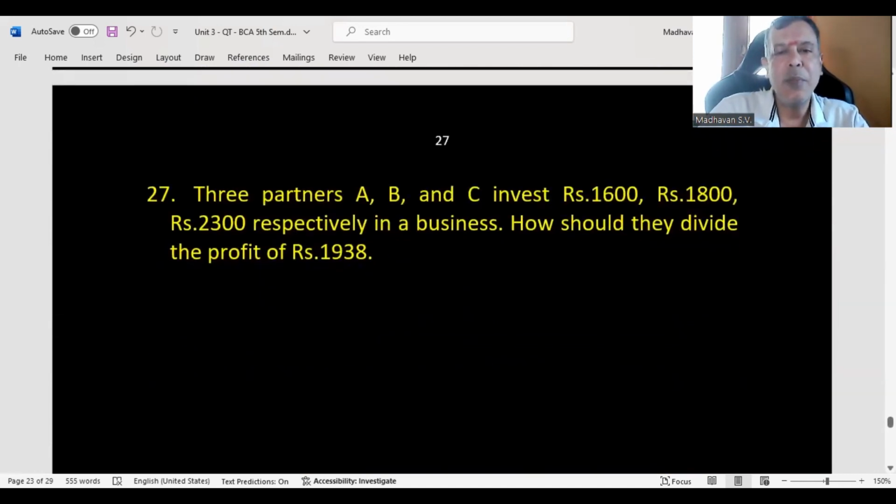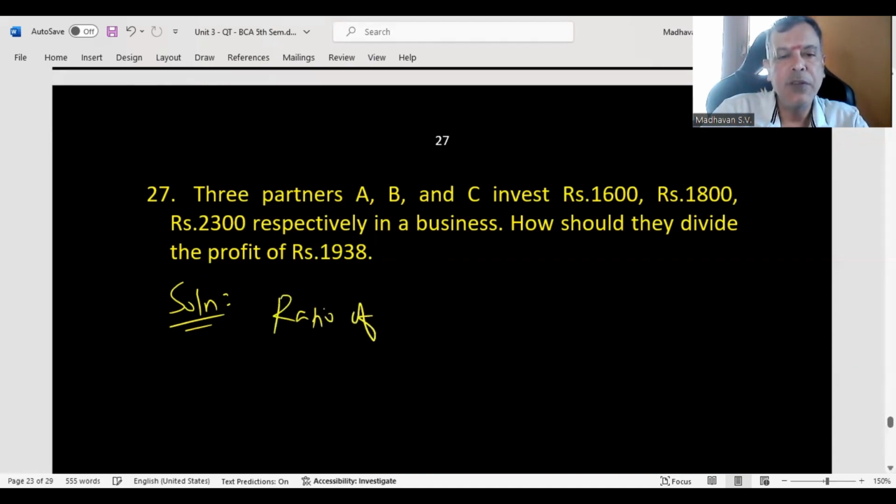3 partners A, B, and C invest rupees 1600, rupees 1800, and rupees 2300 respectively in a business. How should they divide the profit of rupees 1938? So first of all, let us create the ratio of their investment.